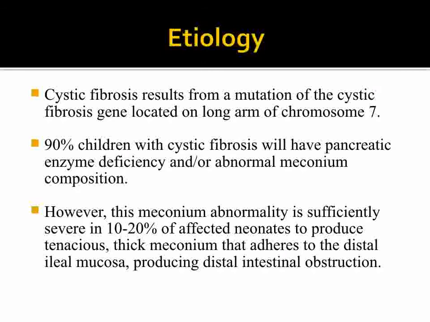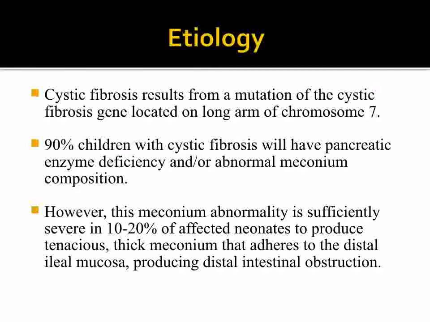So this baby has deficient pancreatic enzymes, which will result in failure of digestion of the protein content in the meconium. So this meconium will have a high protein content.